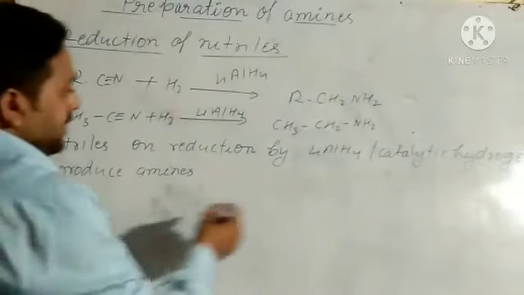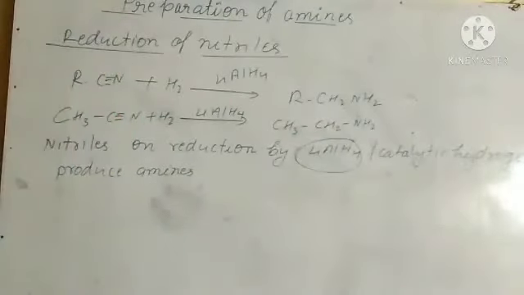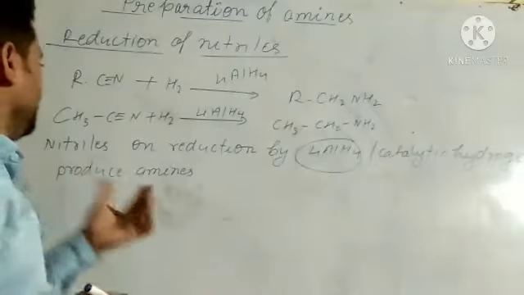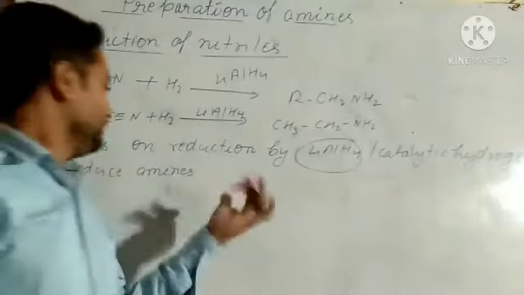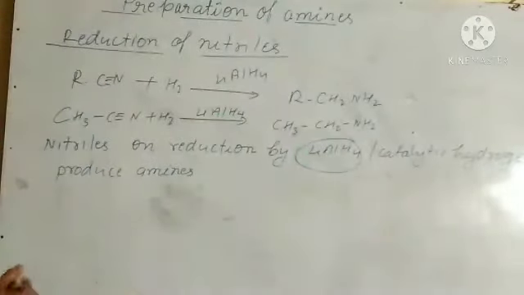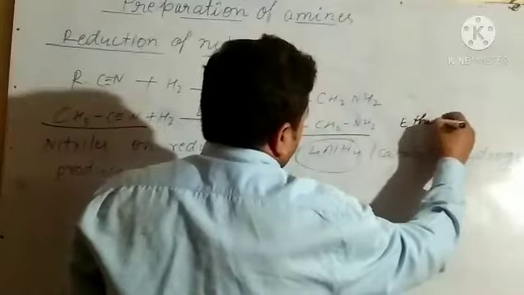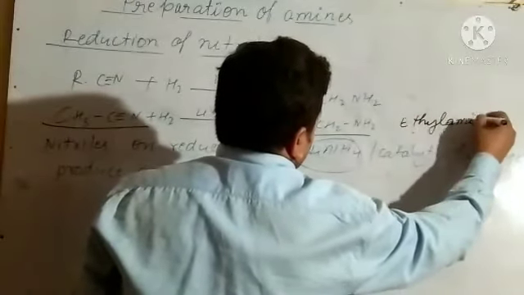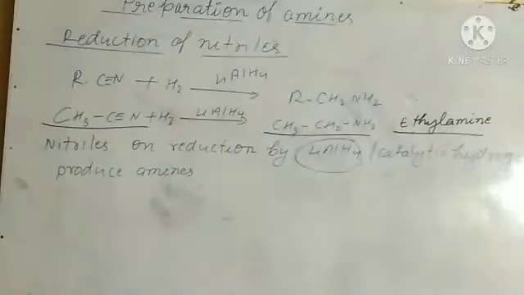Here we are mostly using lithium aluminum hydride as the reducing agent. So this can be written as: nitriles on reduction with lithium aluminum hydride produce amines. Which amine did we get here? We took methyl nitrile, and we got ethylamine, or ethanamine, we can say.